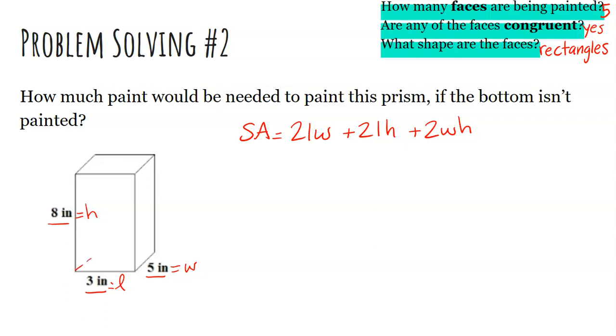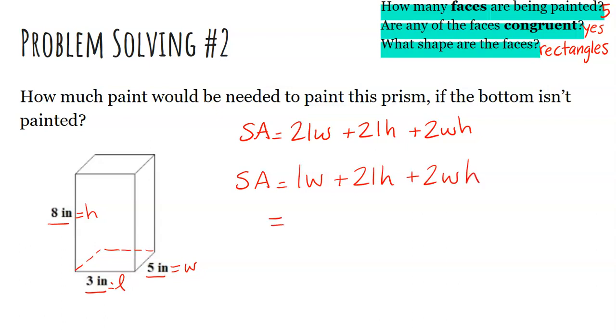The bottom would be down here and would have side lengths of length times width. We're going to modify this equation and get rid of the 2LW. Instead, we are going to begin with surface area equals LW plus 2LH plus 2WH.